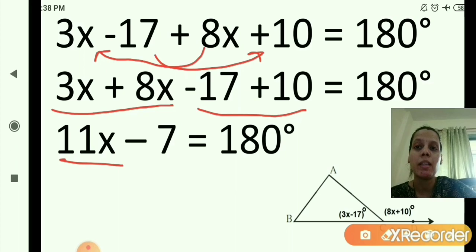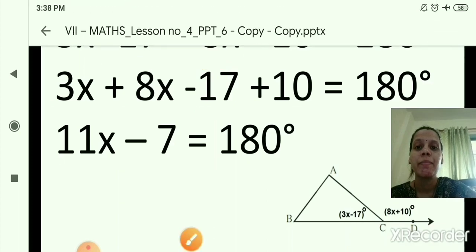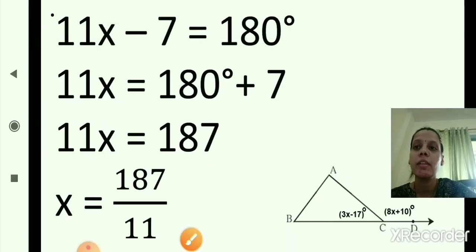So 17 minus 10 is 7, and the bigger number sign is minus. So we will write down minus 7 here is equal to 180 degree as it is. Okay, now we will move to the next step. Yes, 11x minus 7 is equal to 180 degree.